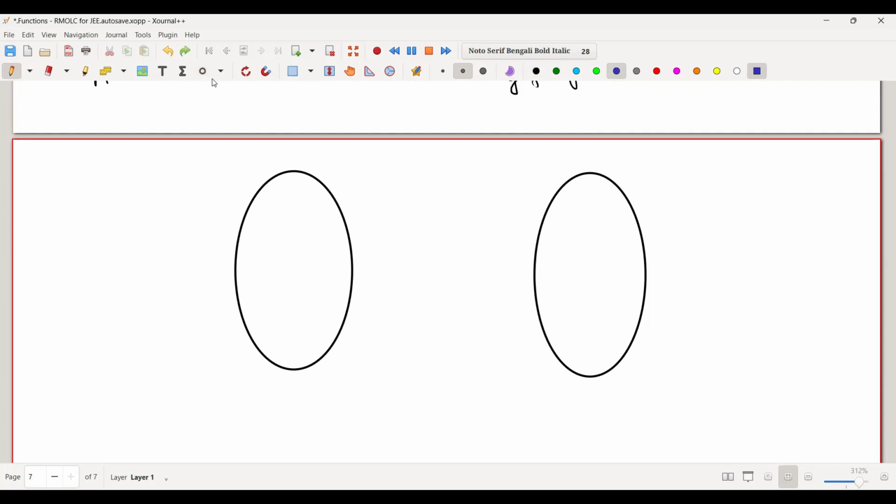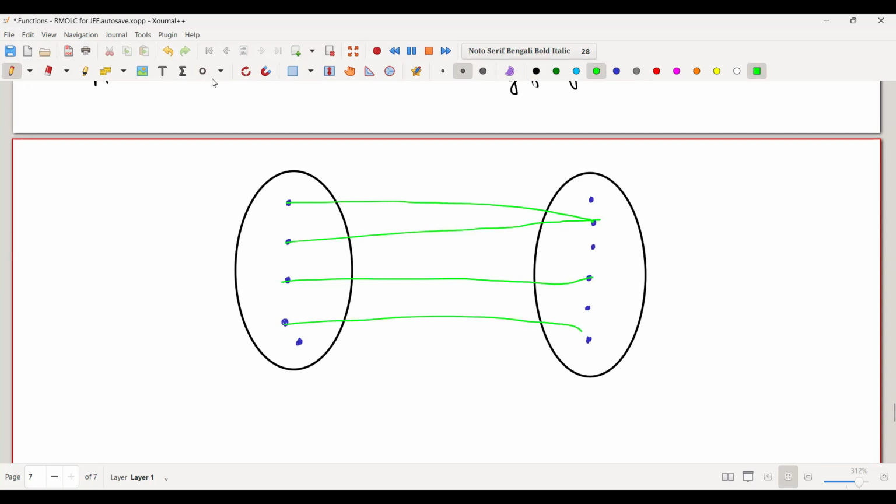So see, there are 4, 5, and here also 5. First we take here the 6 elements, 4, 5 and 6. Now suppose this element goes here, this element goes also here, this element here, and this element here.